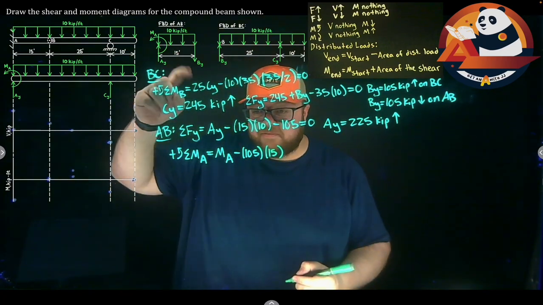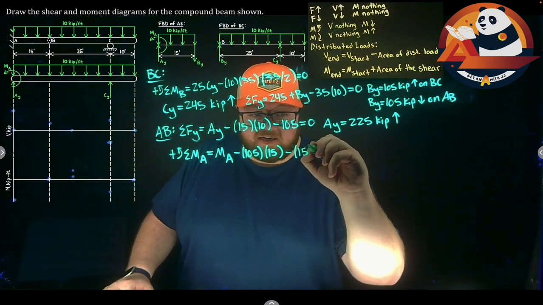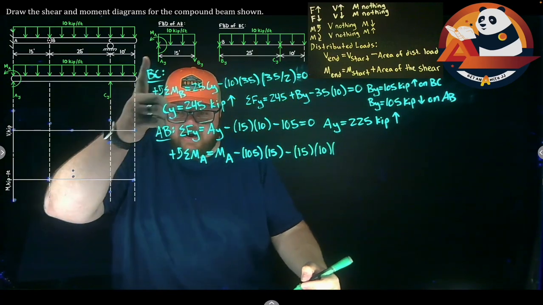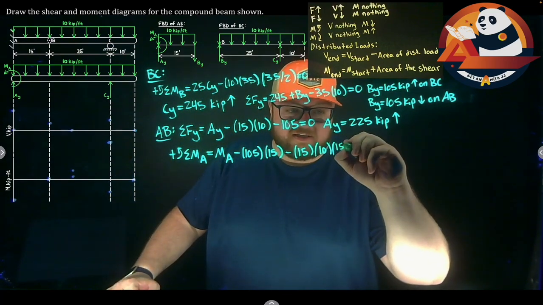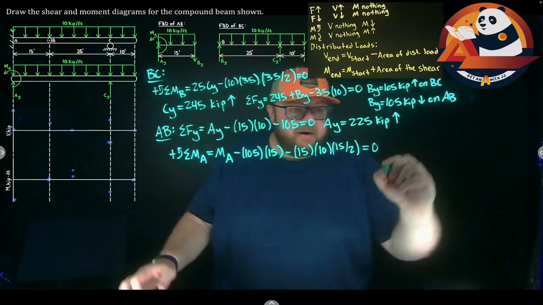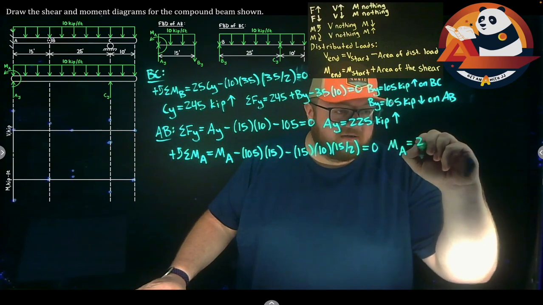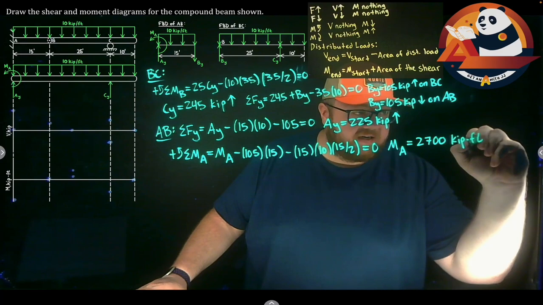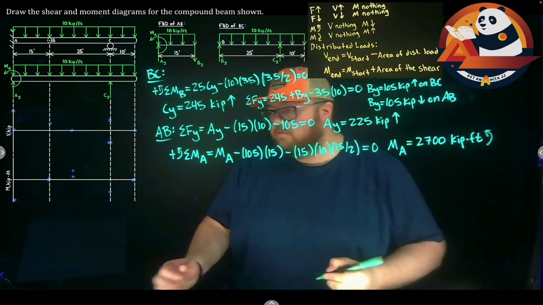Minus my moment from the distributed load. Minus area, base 15 times height 10, times my distance from A to the centroid, which would be halfway in, and since it starts at the same point, it's just 15 over 2. Gets us to 0. Or my moment here, MA, is 2,700 kip feet, and that is going counterclockwise, in the direction we assumed there.